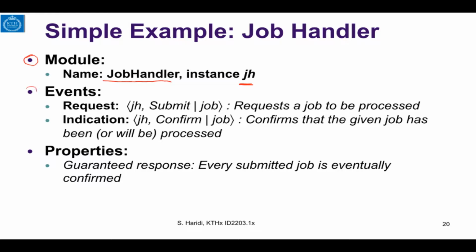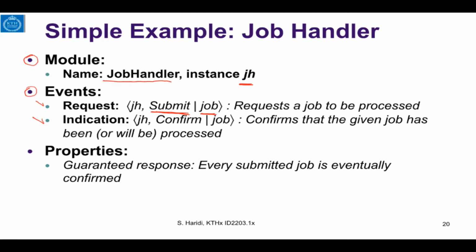And then we look at the events. We are going to have a set of request events and indication events. In this case, for the job handler, there is only one request event, and that is here the name of the request event, and this is the argument of the request event. So the name is submit, and the argument is a job. So for a request event in this case, the environment of this component requests a job to be processed.